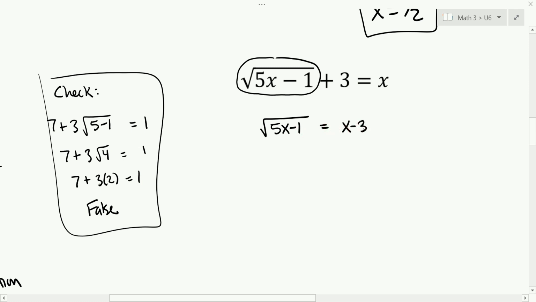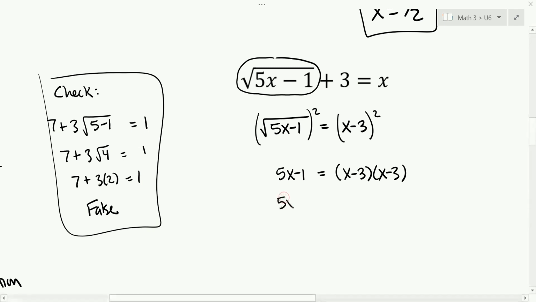Then second step, we want to get rid of the radical. In this case, it's a square root, so we're going to square both sides. And on the left side, we end up with 5x minus 1. On the right side, we need to multiply it out. We need to find out what x minus 3 times x minus 3 is. Okay, it's a binomial. You have to distribute that.